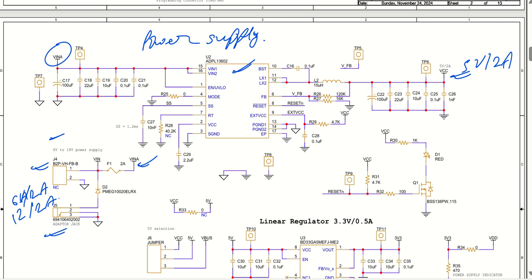It also gives you a power good signal, or reset. This is used to indicate your power supply output. Whenever this LED is glowing, it means it is good, and whenever it is not glowing, it means there is some fault. Once there is a problem, this signal will go down and the LED will stop glowing.